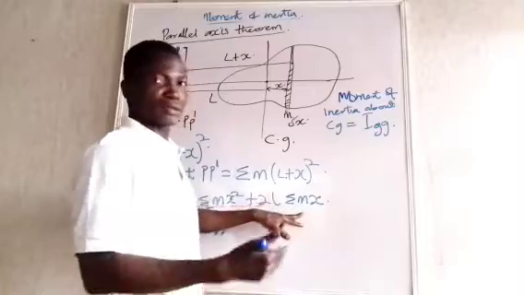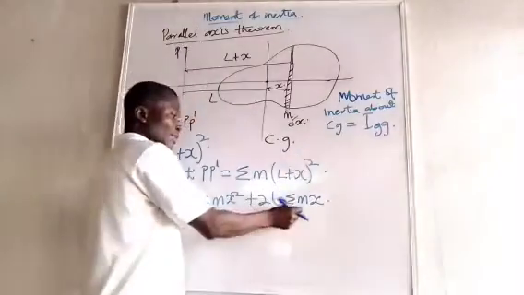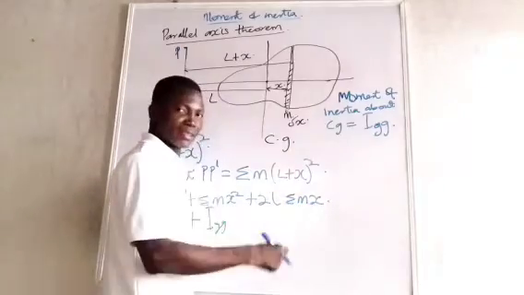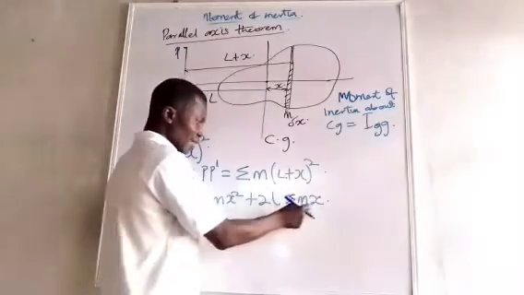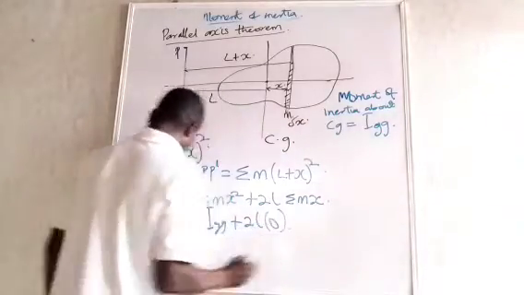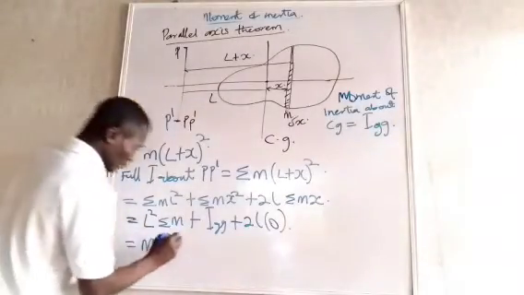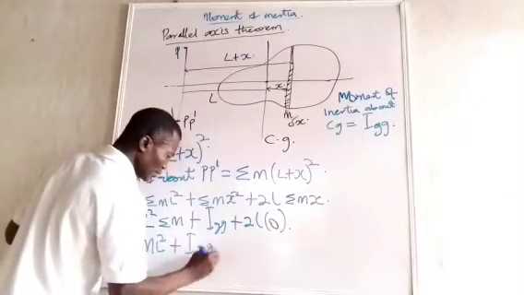We calculated the moment about the CG, or centroid, and realized that it is 0. So plus 2L into 0. You realize that this one is going to be M L squared, or summation M L squared, plus I G.